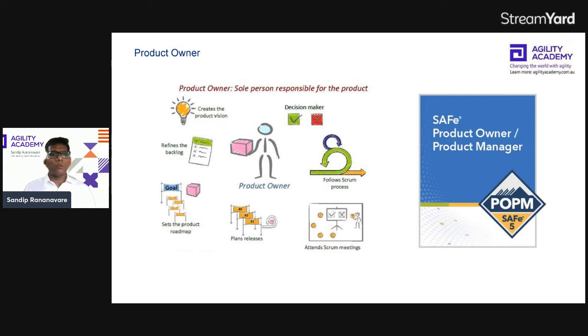Towards the end of this 2-day course, you take an exam, and after that, you get credentials from Scaled Agile, the SAFe Product Owner credentials, which you can use to show your credibility while applying for a product owner role. But beyond this, we provide ongoing support. As I mentioned earlier, you get a chance to come back and do the same training without paying a single penny if you are an Agility Academy student. And you can always rely on mentors when it comes to understanding what things you need to do on the ground. So that's about product owner.